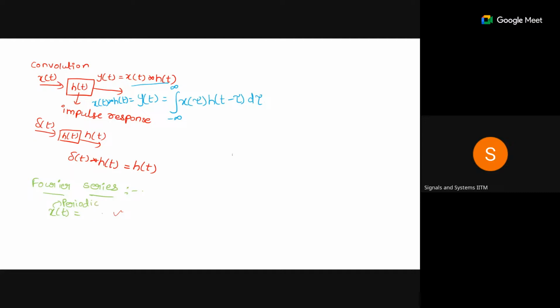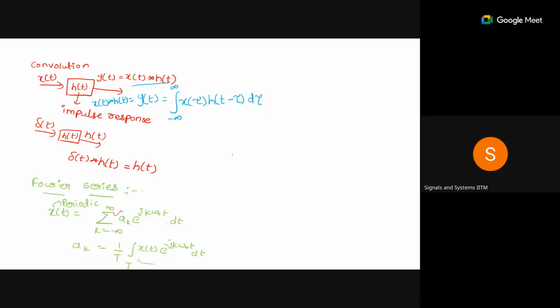then it can be represented as the sum over k from minus infinity to infinity of a_k e power j k omega naught t, where a_k is 1 by T times the integral over the duration T of x of t e power minus j k omega naught t dt.